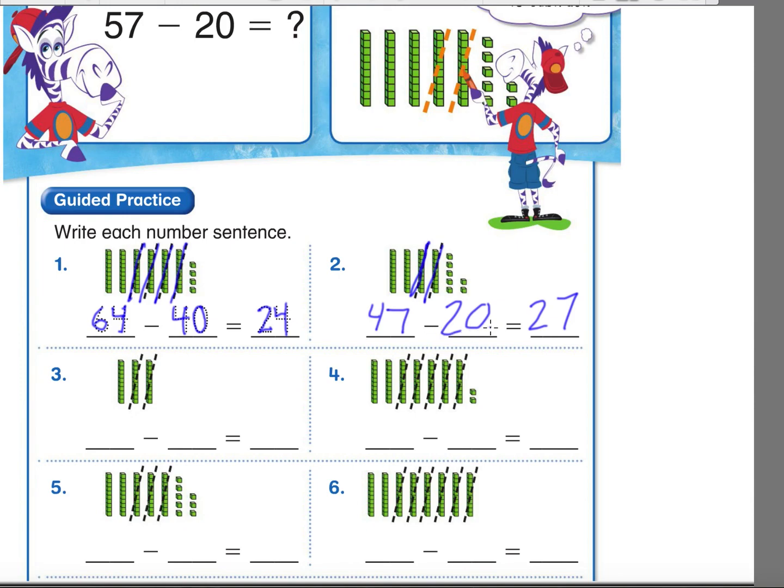Okay, now you're going to try number 3 completely on your own. Completely on your own. And we'll go over it together afterwards. All right? I'll give you guys a good minute. And after that, we're going to go over it.